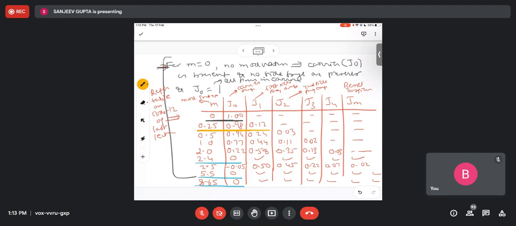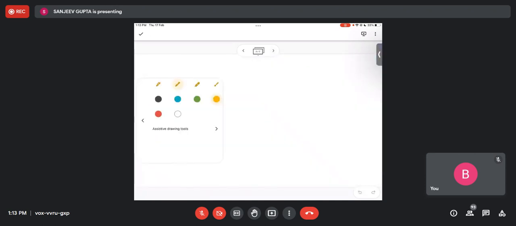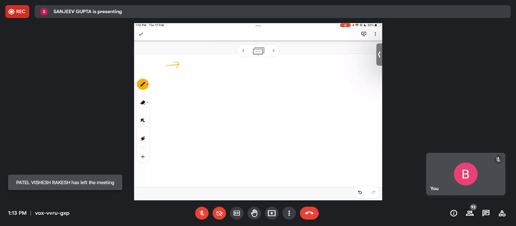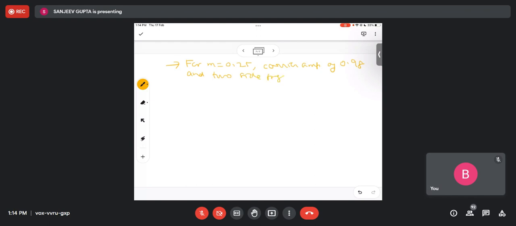So I will just summarize. The black one I have already summarized in this one. Now coming to the yellow color. In the yellow color, for m equal to 0.25, I have got the carrier amplitude of 0.98, and two side frequencies plus minus f1 of amplitude 0.12 each.